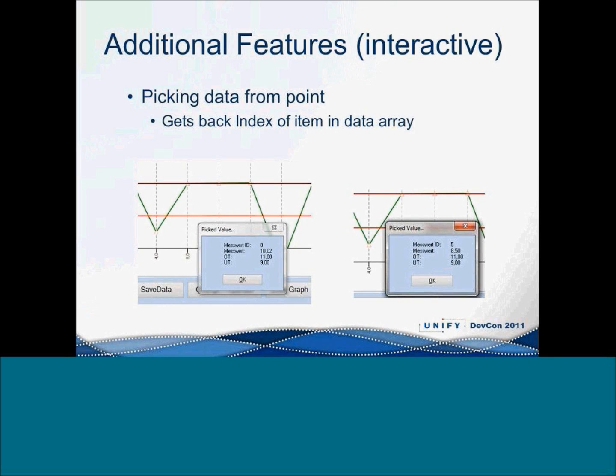So at this point, for example, in the arrays, I found this is number 8, and the value of number 8 is 10.00, and some additional information. So you can use, for example, a dialog or a message box or whatever you want to use to display data if you pick with your mouse on a special data value inside this charting.